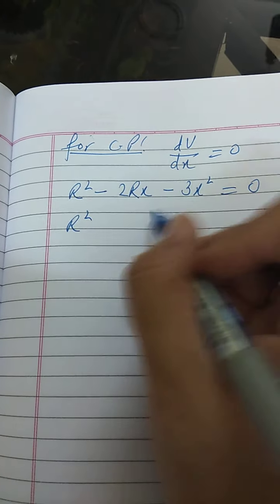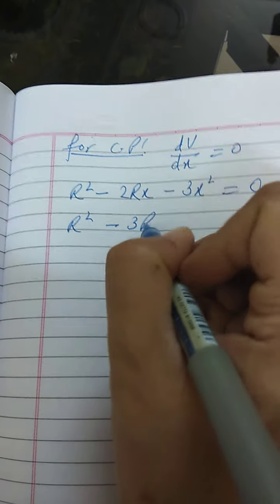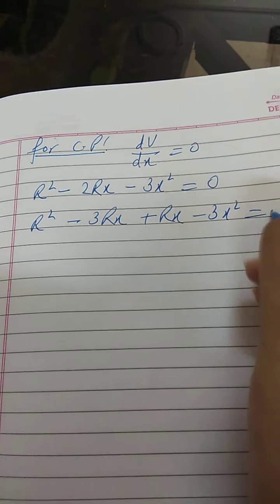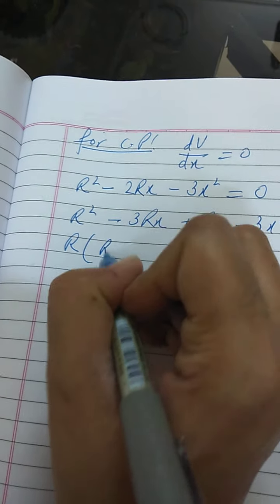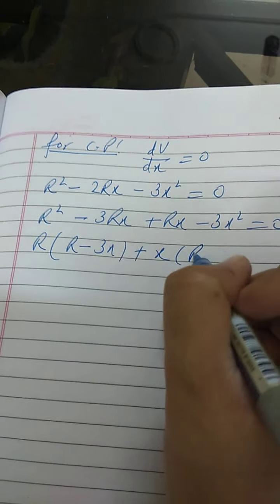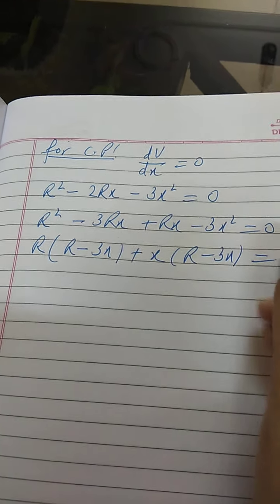If we split the middle term, it will be R square minus 3Rx plus Rx minus 3x square equals 0. Taking common factors, it will be R minus 3x times R plus x equals 0.